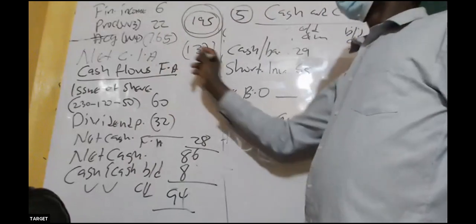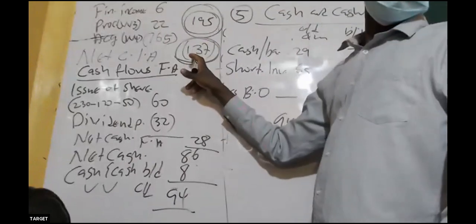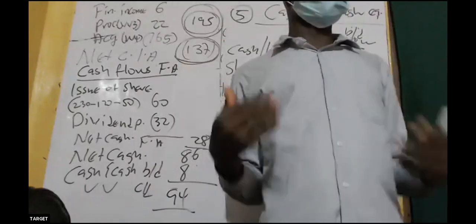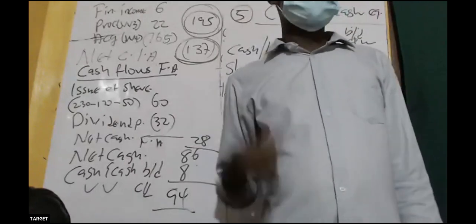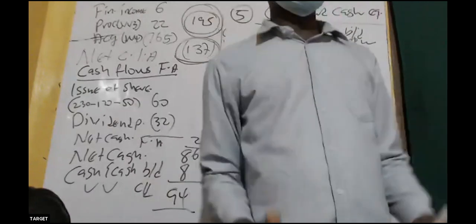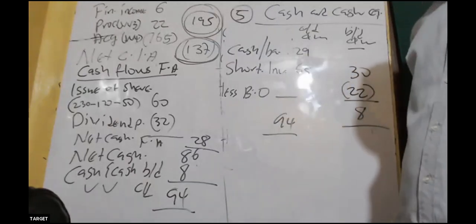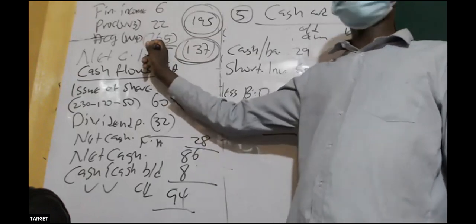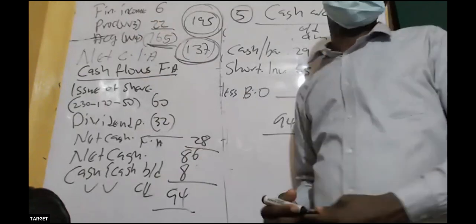Now, the investing must be negative, as you see here. When it's negative, it's a sign that the company is investing. We like companies that are investing today so that tomorrow they reap their investment. But if it's positive, meaning that you are selling your investment, why are you selling all your investments? They bought assets of 167, but they sold only 22.